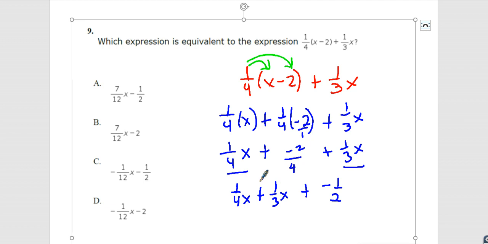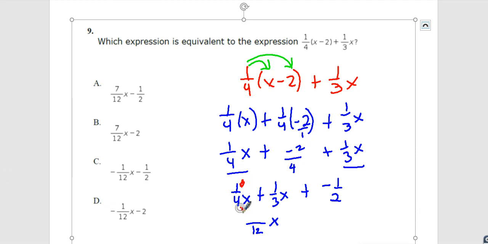Now I have to add fractions that have different denominators. Well, I know I have a common denominator here of 12. And I know I need to keep my x there. So to rewrite 1/4 as a fraction with a denominator of 12, I have to multiply with 3.